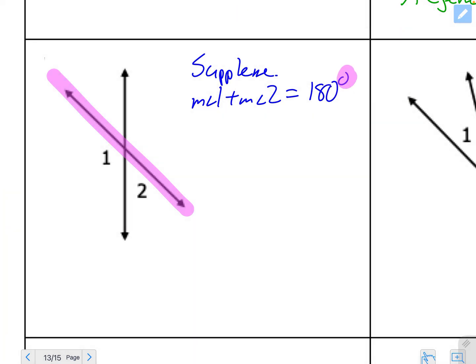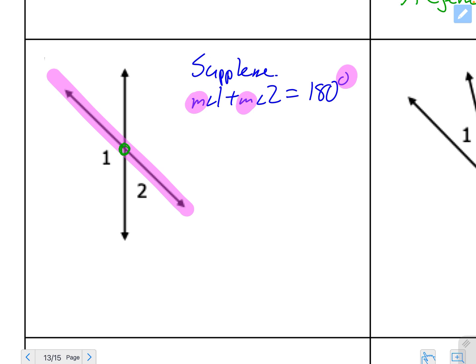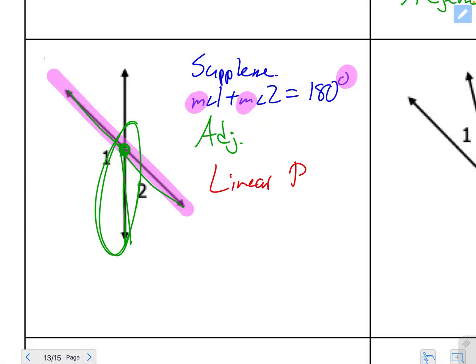A quick reminder, if I put this degree symbol, I have to have that M stating that we're talking about the measure of the angle. We also know that angle 1 and angle 2 have the same vertex, and if we draw the angles, they share the same ray, which makes them adjacent. And if they are both supplementary and adjacent, I know they are also a linear pair. And so this one meets 3 different requirements.